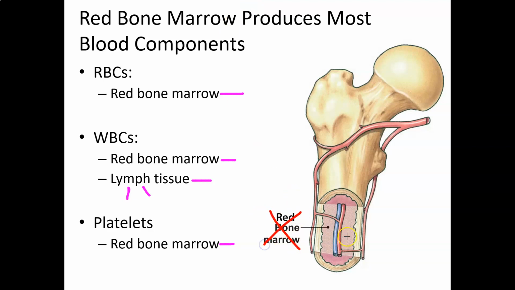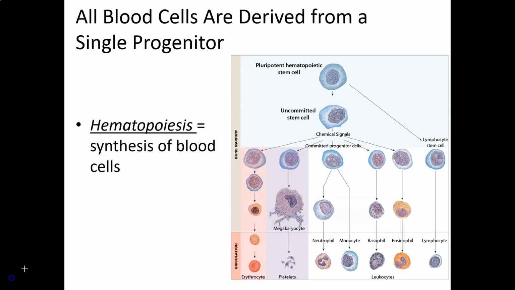This is actually the yellow marrow. This is the medullary cavity, and this is where the yellow marrow would be. This would be fat. The red marrow is up here at the ends of long bones within the spongy bone, and we'll see the red marrow there. But the bottom line is the red bone marrow produces most of the blood components.